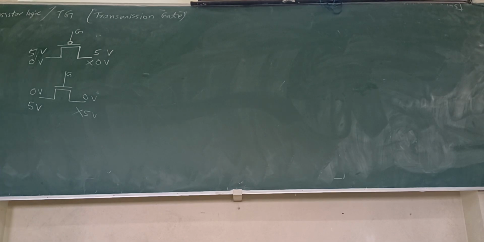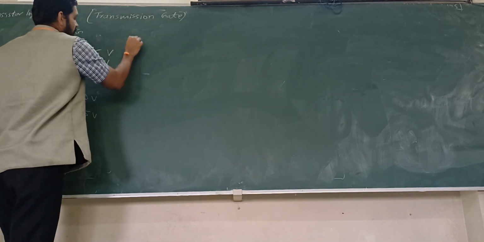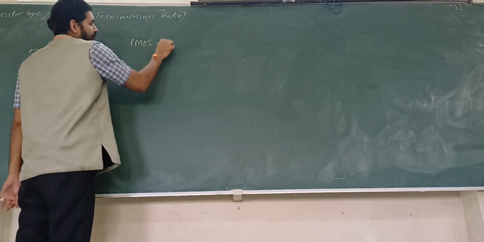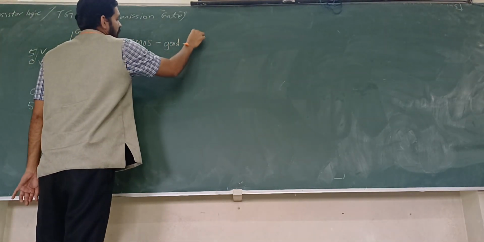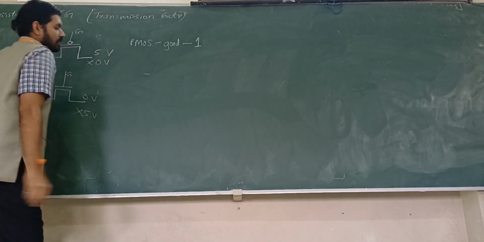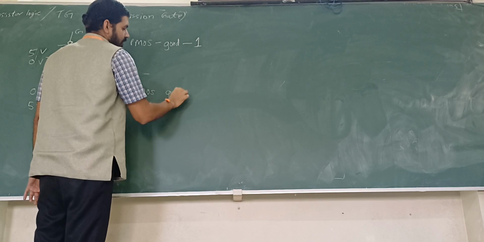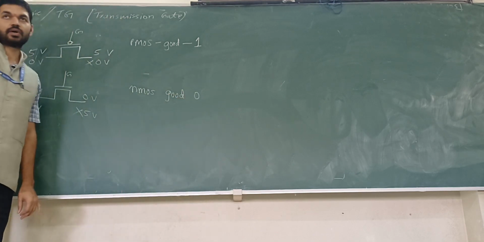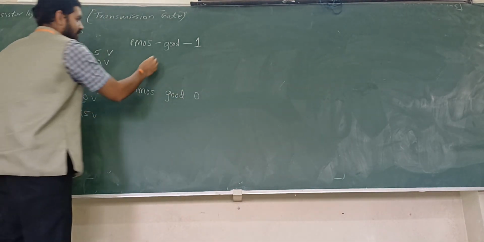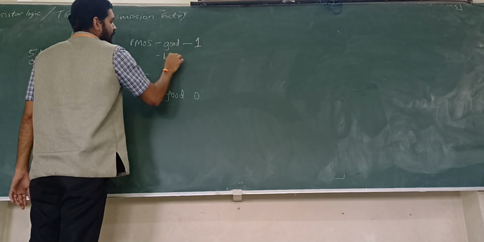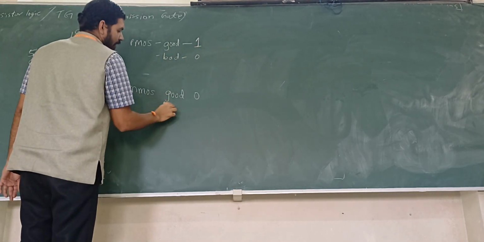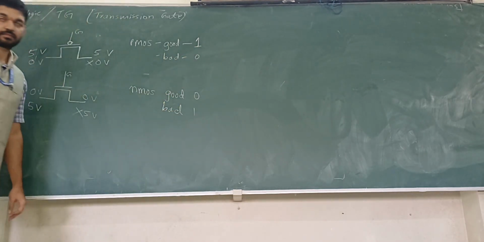Why? Because PMOS is a good passer of logic 1 and NMOS is a good passer of logic 0. The reverse is a bad passer: PMOS is a bad passer of logic 0, and NMOS is a bad passer of logic 1.